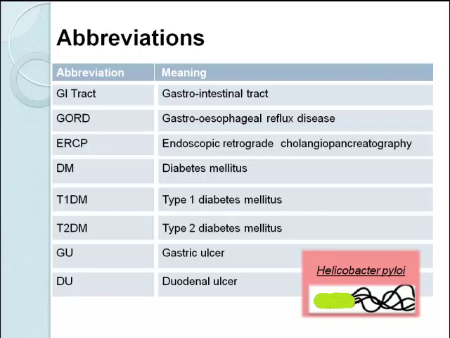With time they also discovered that they can get rid of this bug quite easily using a combination of something called a PPI, which is a proton pump inhibitor. It's a type of medicine which suppresses the acid in your stomach, and if you combine this proton pump inhibitor, this medicine, with an antibiotic to kill the bug, you not only get rid of the Helicobacter pylori, you also heal the ulcer at the same time.